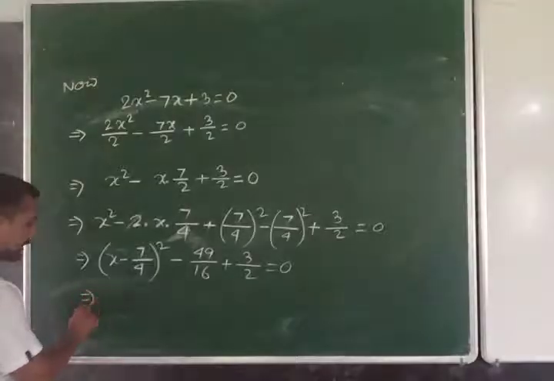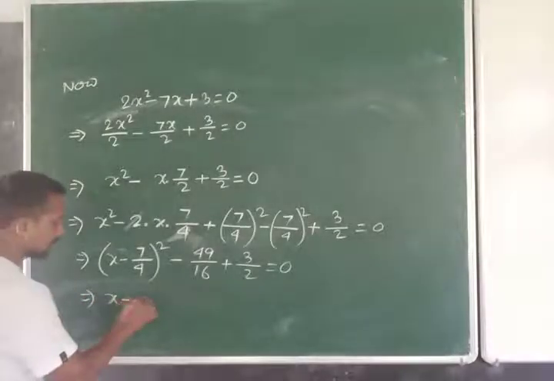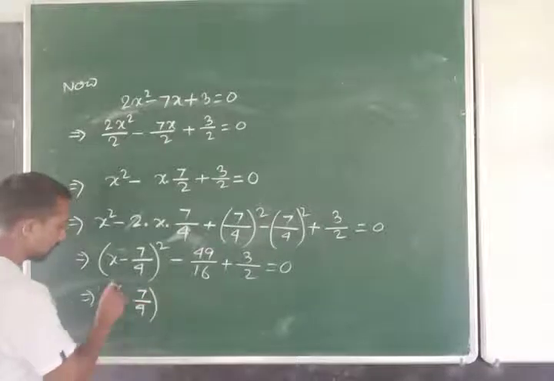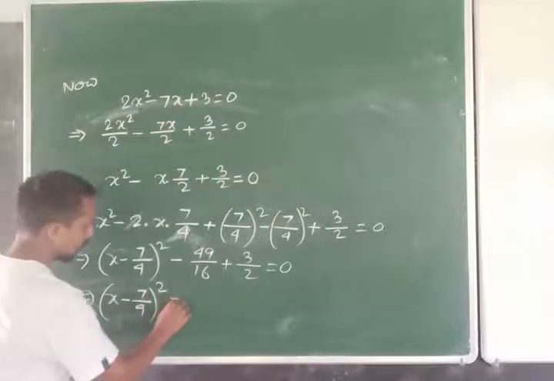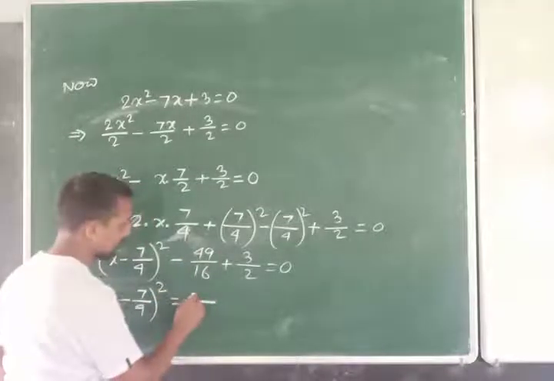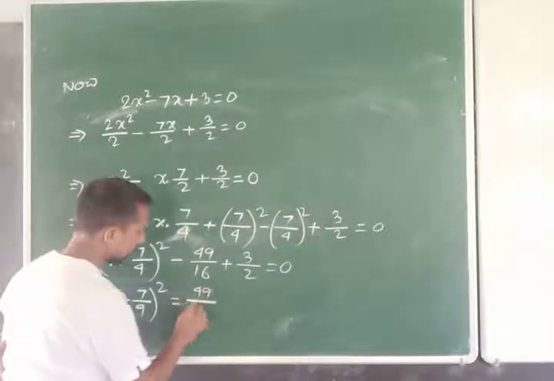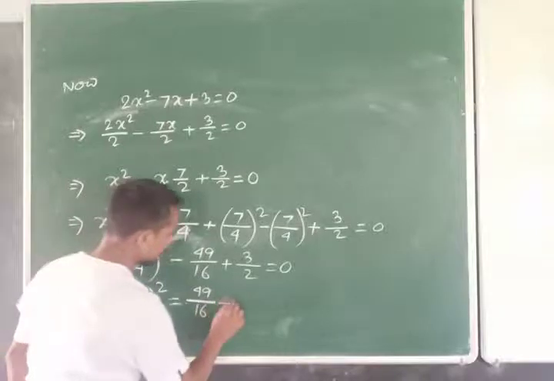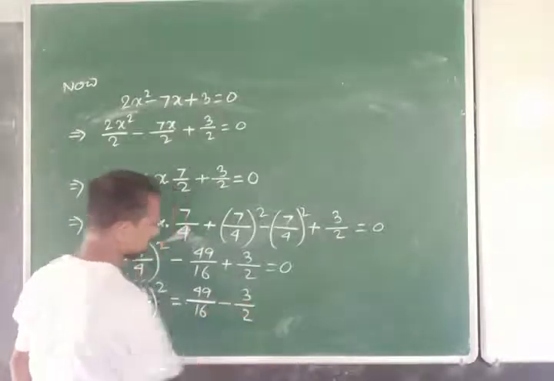Then next we have x minus 7 by 4 whole square equal to, let us take all the terms towards the right hand side, 49 by 16 minus 3 by 2.